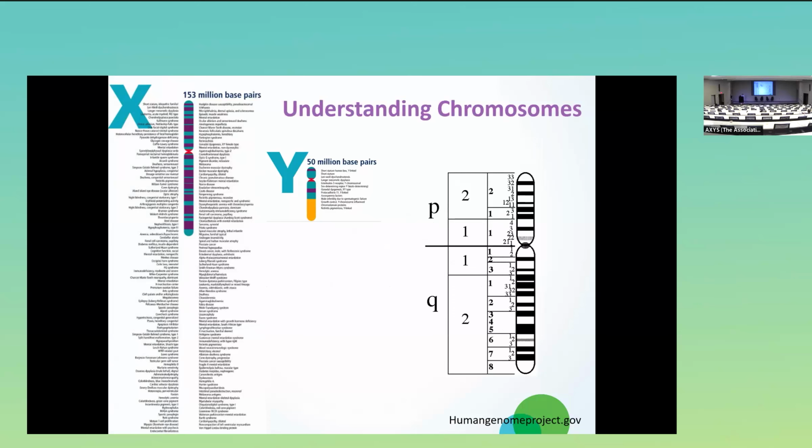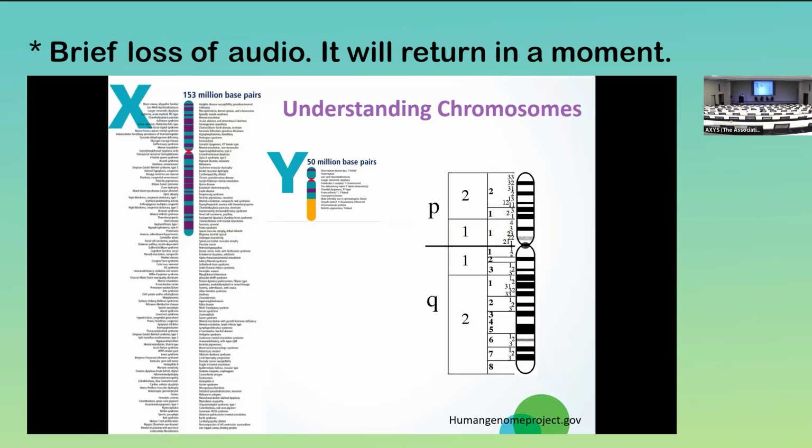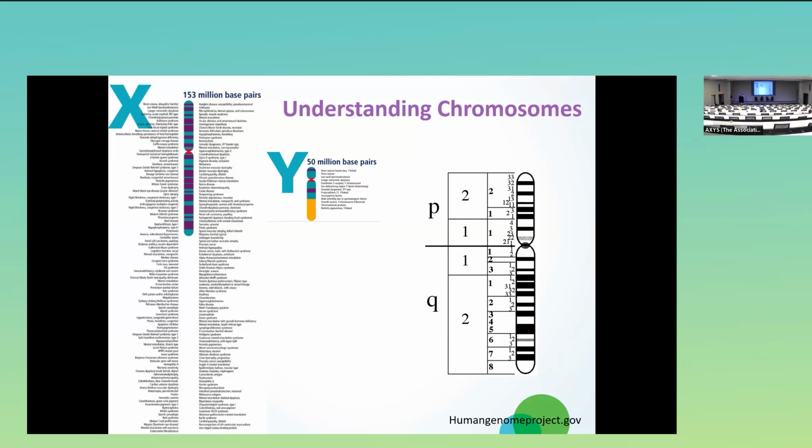And that is huge. There's a lot of impact that can happen from differences on the X chromosome. And so it's complicated, right? Having an extra X is really complicated because of this. The Y chromosome has about 50 million base pairs and several conditions that can even be associated with a much smaller chromosome.